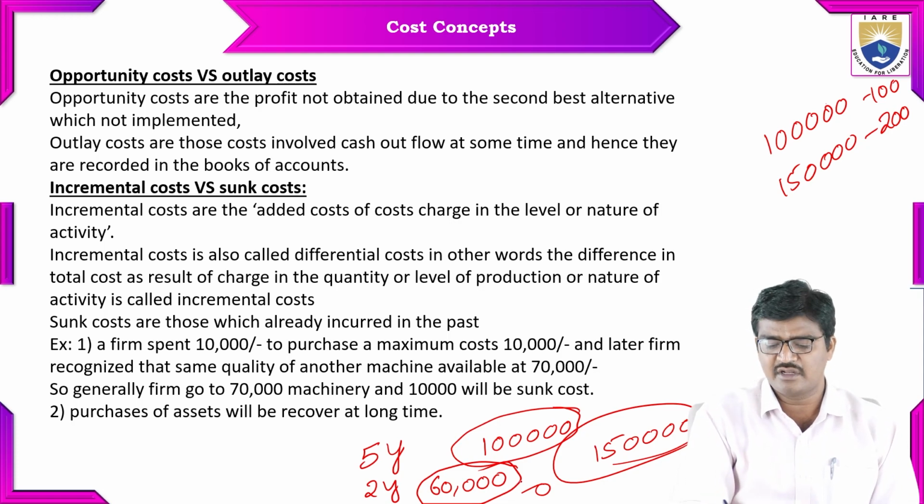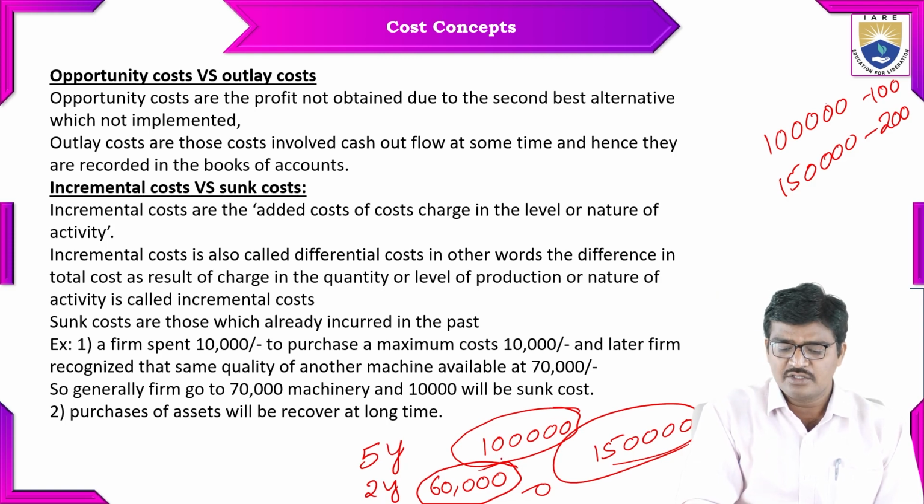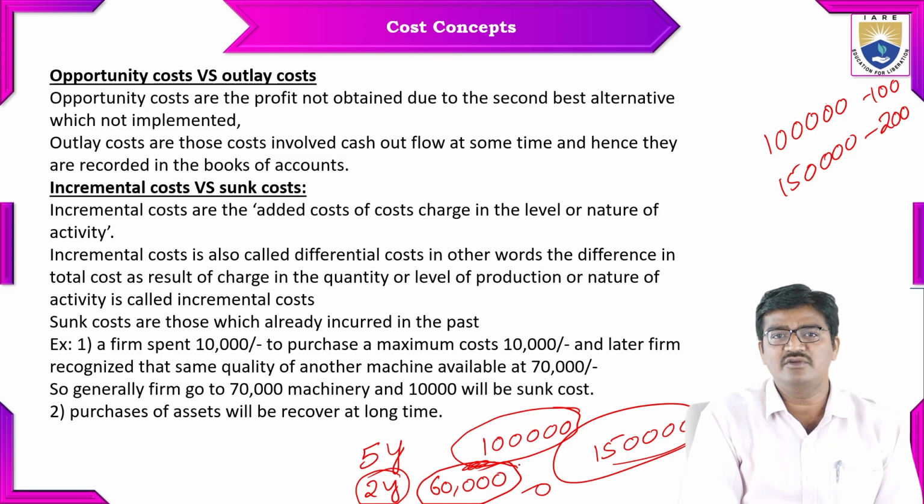This is the cost which is already incurred, and this particular 60,000 rupees could not be recovered. You have incurred 1 lakh rupees on this machinery, and you have recovered 40,000 rupees by using it for 2 years. Now the machinery value is 60,000, and this 60,000 is going to be set aside, meaning this machinery is going to be idle.